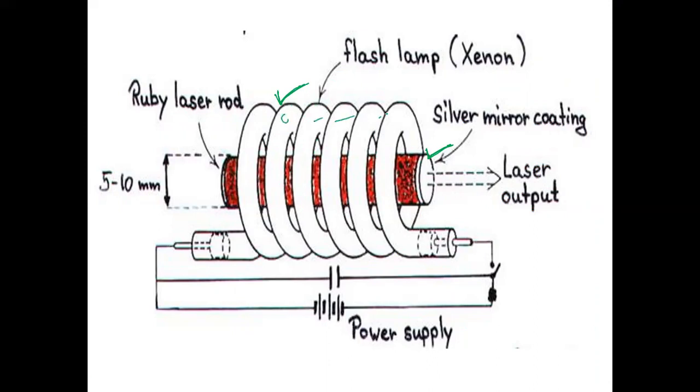The two ends of the energy source are connected to the power supply. This is the complete diagram. The ruby rod has a diameter of 5 to 10 millimeters.